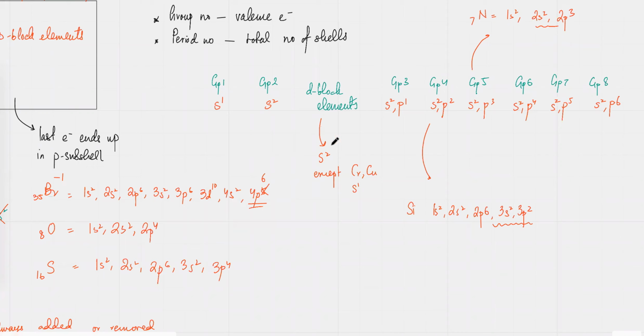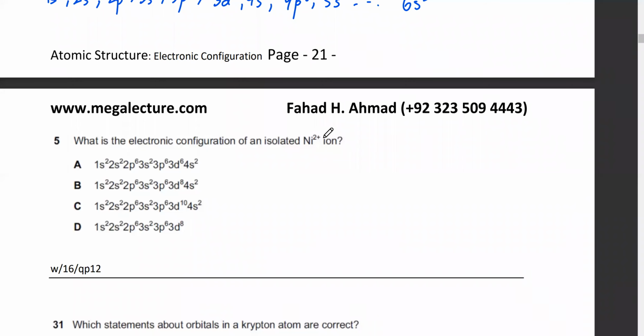If it wasn't an ion, there would be 2 electrons in the outermost shell. But now it's 2 plus, so those 2 electrons are gone. So nickel 2 plus is not going to have an S subshell. It used to have 4s2, but that would be gone. So the answer would be D, the one that's without the S subshell, because it's 2 plus.